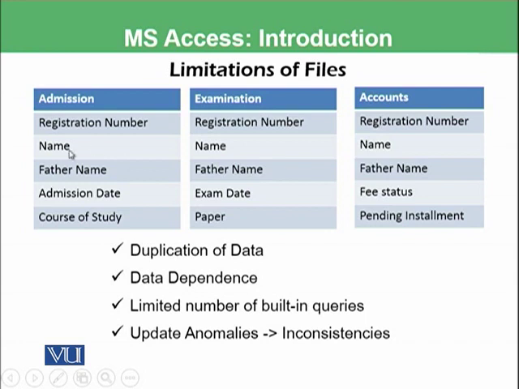For example, if a student's name has changed a little bit, that student name will be changed here in the admission, and similarly in the examination, and similarly in the accounts. If we are unable to make the same changes in all of the files, then the data would be inconsistent. Such a thing is known as update anomaly.